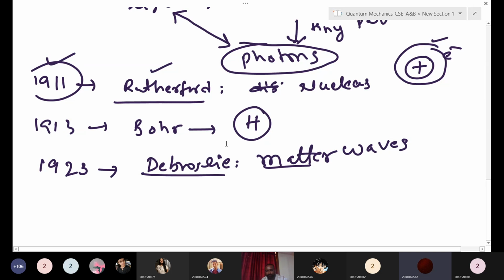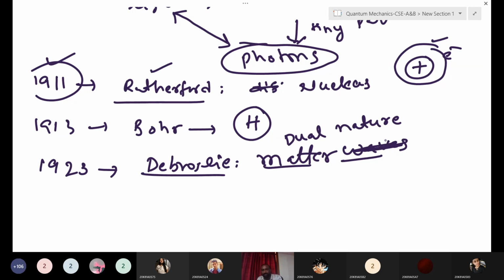Any substance that has some mass is matter. So in 1923, he proposed the dual nature of matter, or matter waves. You can write dual nature of matter. Matter is nothing but a substance which has some mass and occupies some space.